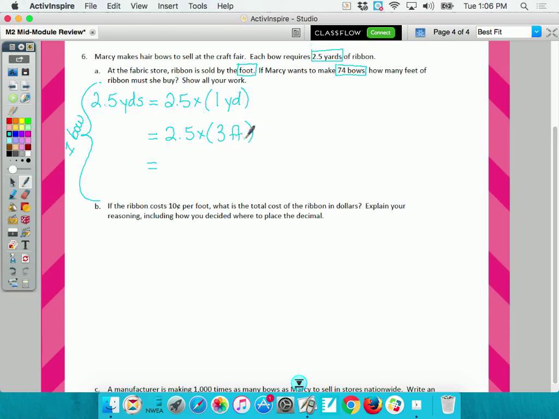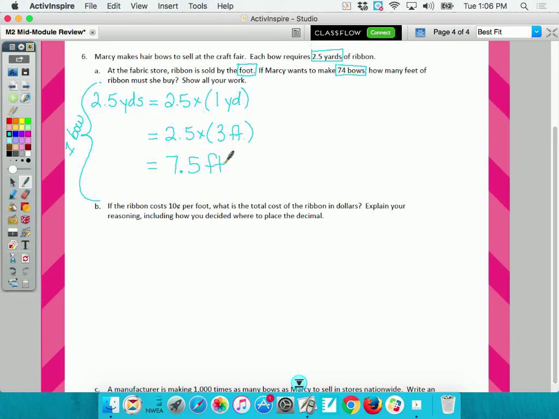Now to solve the problem, all I have to do is 2.5 times 3. If I think 25 tenths times 3, what do I get? 75 tenths. What is it? 7.5 feet. So now we know we need 7.5 feet to make 1 bow.